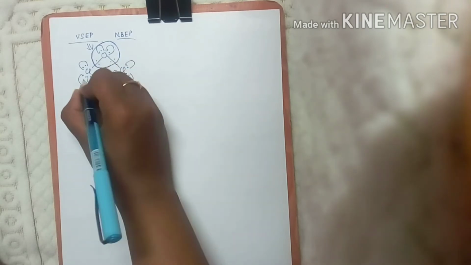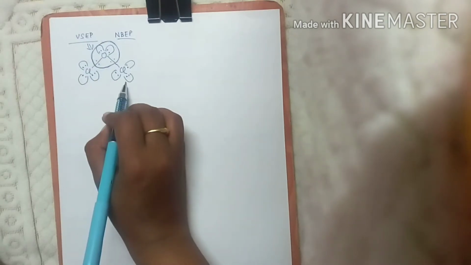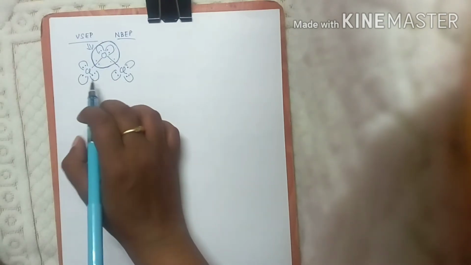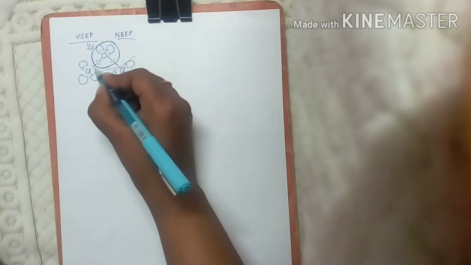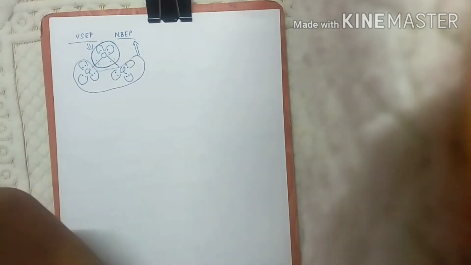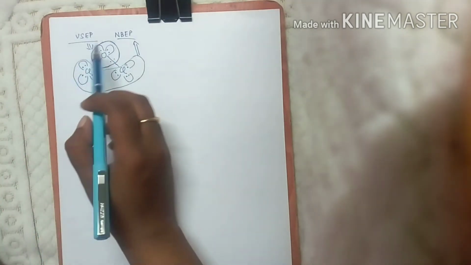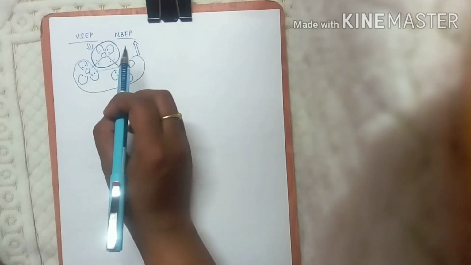These are not your central atoms, these are your side atoms. So the electron pairs at the side atoms will be your non-bonding electron pairs. Okay, this is the very basic before we start the valence shell electron pair repulsion theory and the non-bonding electron pair repulsion theory.